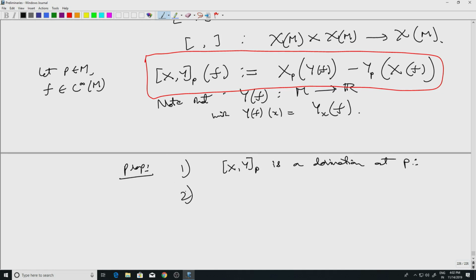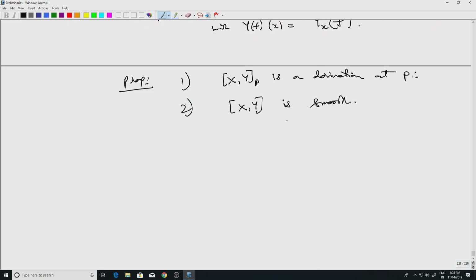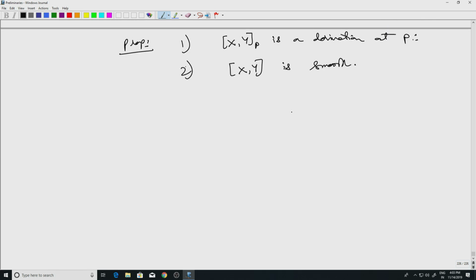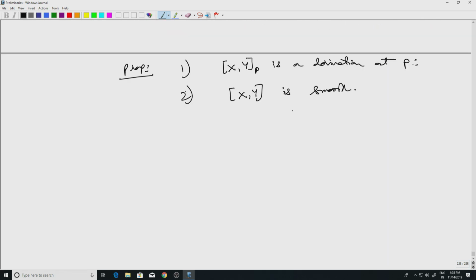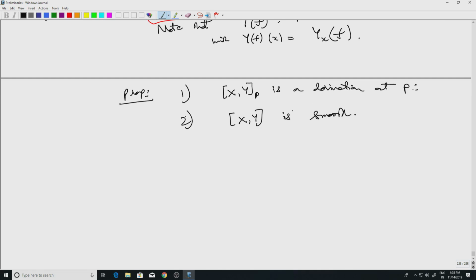Second thing is that [X,Y] is smooth. In other words, it is indeed what we call a vector field. As p changes smoothly, this [X,Y]p changes.